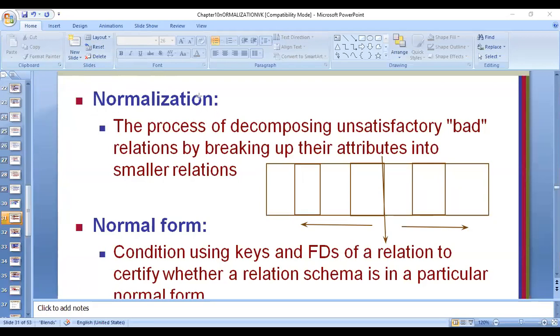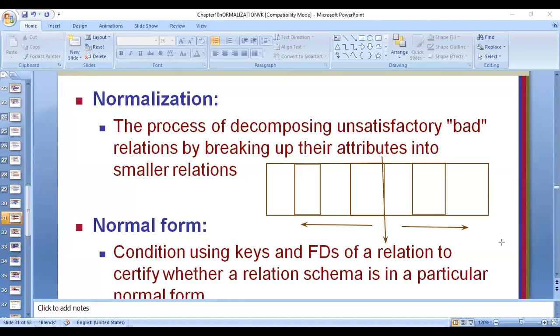The result of normalization should always be proper, ideal relations. What is your intention in normalizing? The original table was bad, unsatisfactory, or impure. So the purpose of this splitting up is to form pure or ideal relations. If the purpose is served, then only can we say it is a process of normalization.